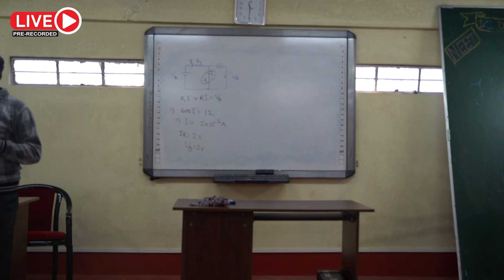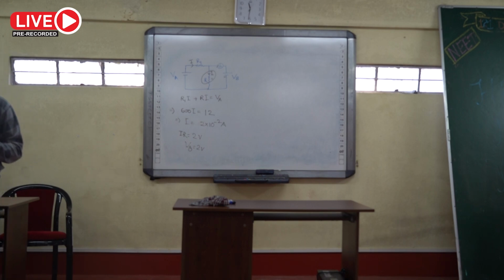The EMF and internal resistance of the cell are 7 volt and 5 ohm.